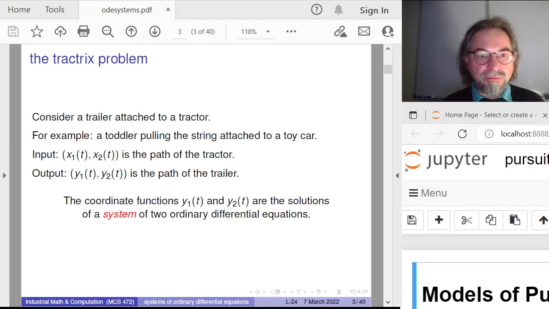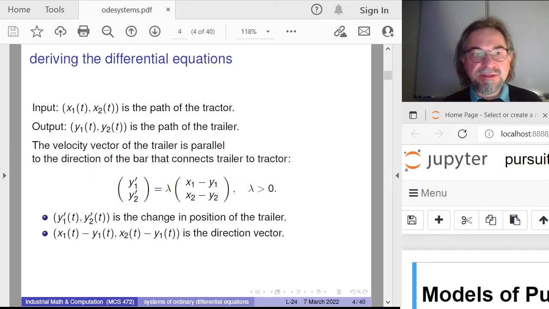But most importantly, we have a system. I will immediately show that this leads very naturally to a system of two first order equations. How come? Well, consider that when the trailer is connected to the tractor, when the tractor speeds up, the trailer also has to change in speed.